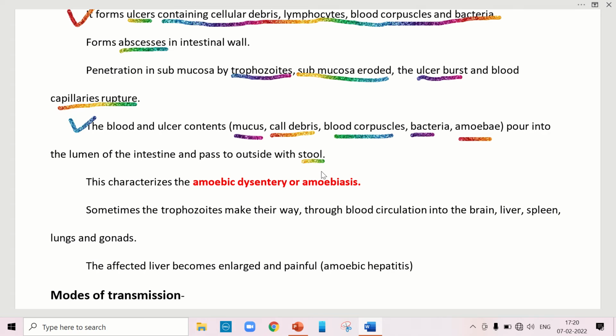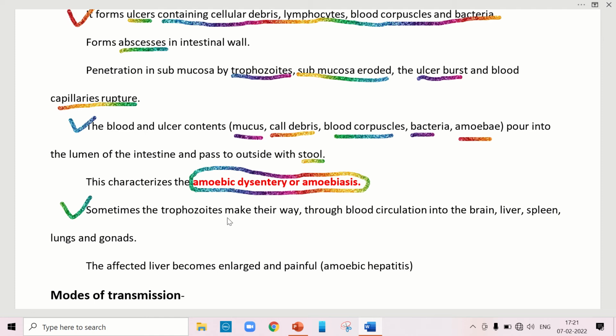This characterizes amoebic dysentery, or this particular removal of such material from the body is called dysentery, and in this case it is called amoebic dysentery, or amoebiasis. And the person suffering from amoebic dysentery has repeated motions many times.